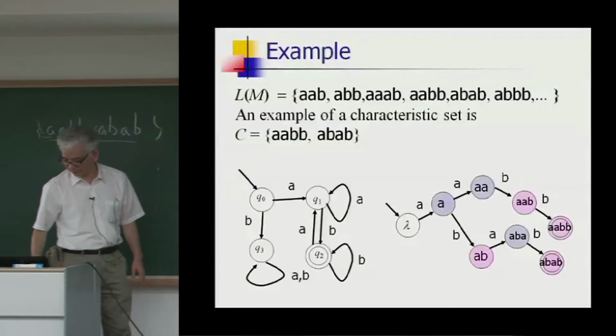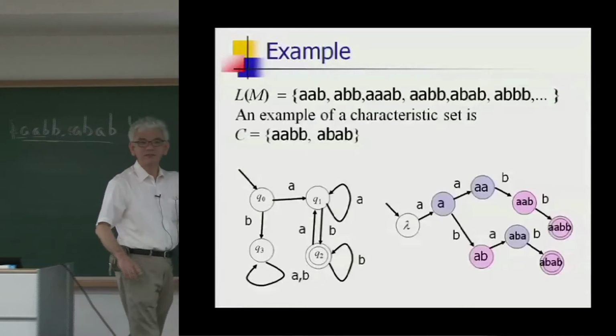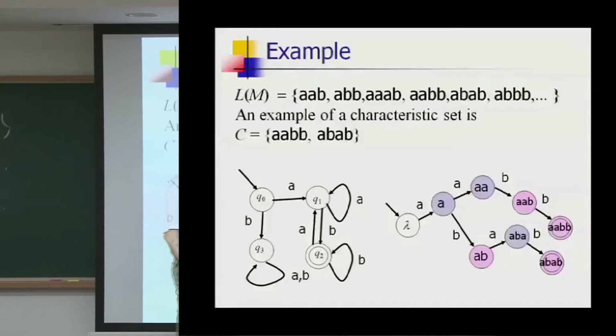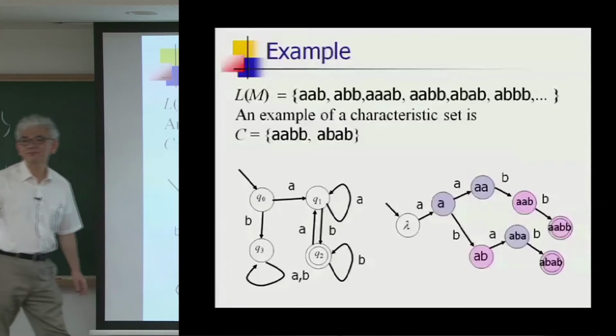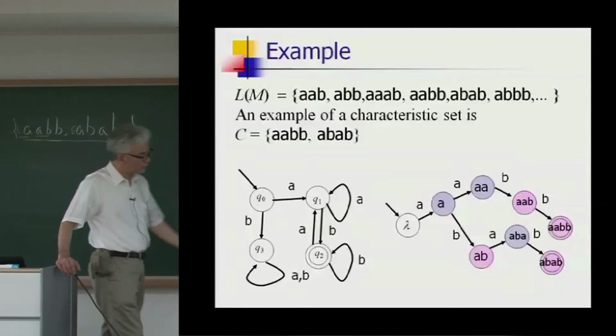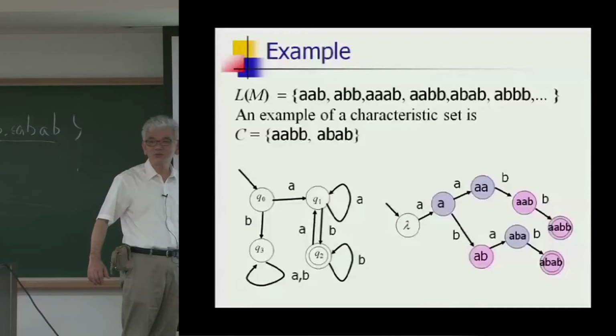So the solution is here, right one? Merge blue states into one and merge red states into one. Then we get this one. Of course, we have a dead state here, but we omit this one.